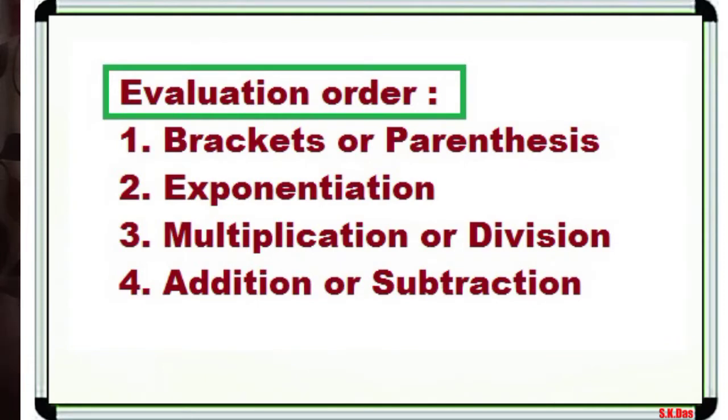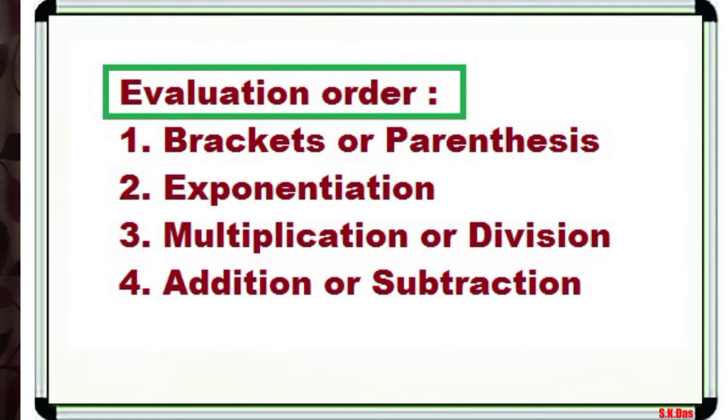While evaluating an infix expression, there is an evaluation order which we have to follow. The first one is brackets or parentheses. Second is exponentiation. Third is multiplication or division. And fourth is addition or subtraction.